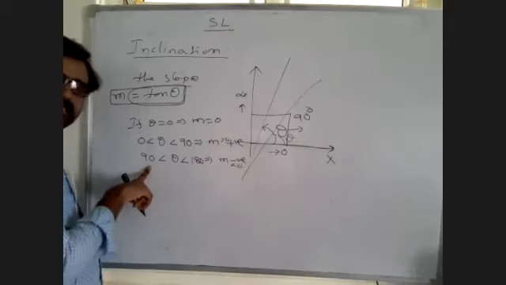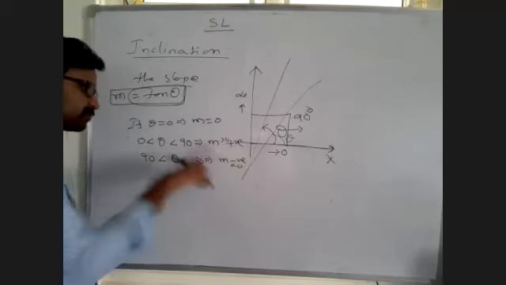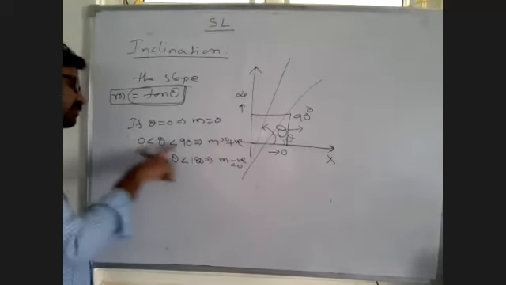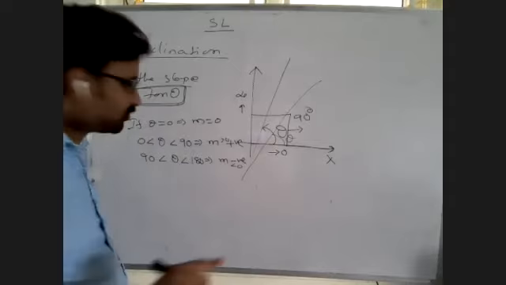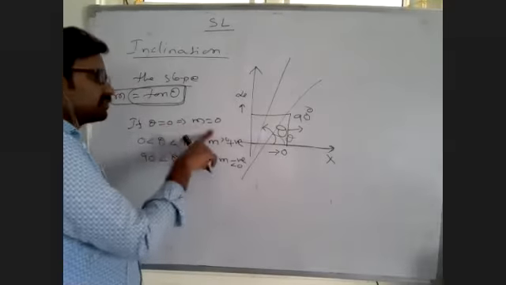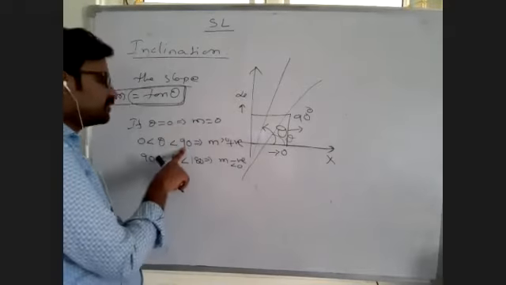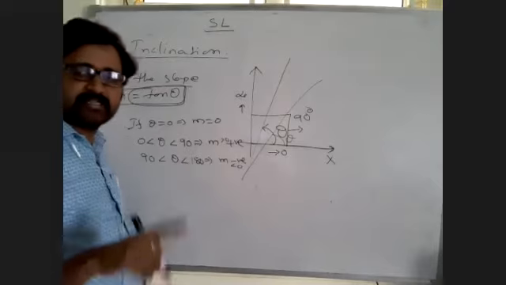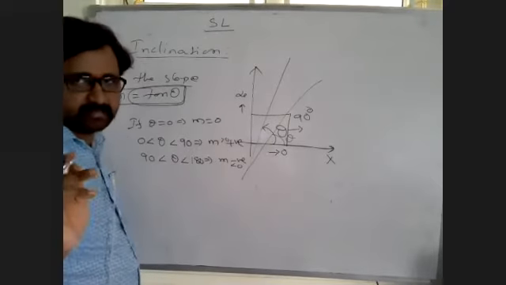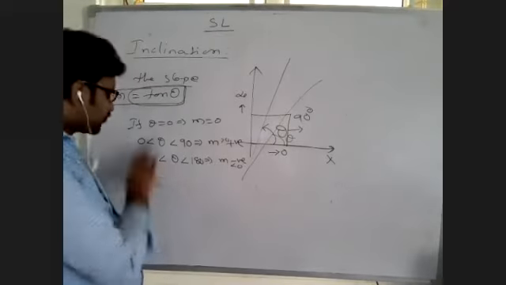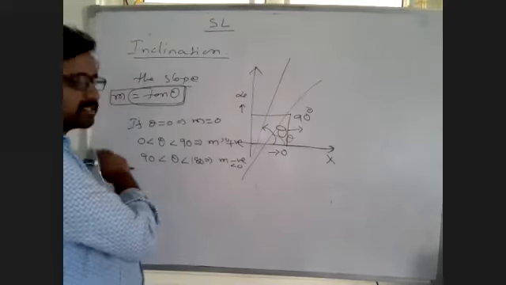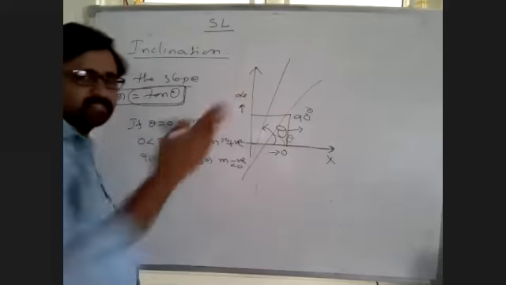So if the inclination is 90 to 180, the slope is less than 0. If the inclination is 0 to 90, the slope is greater than 0. If the inclination is 0, the slope is 0. If the inclination is 90, the slope is undefined, as tan 90 is undefined. This we already know: after 90 minus, before 90 plus, at 0 it is 0, at 90 infinity.